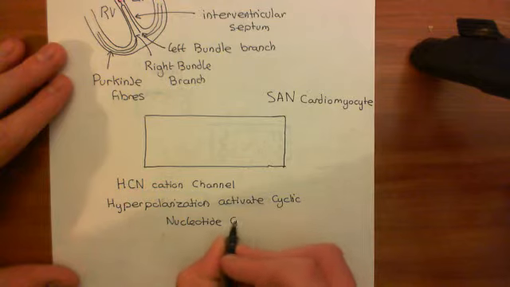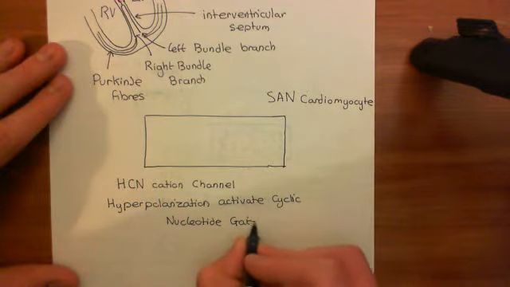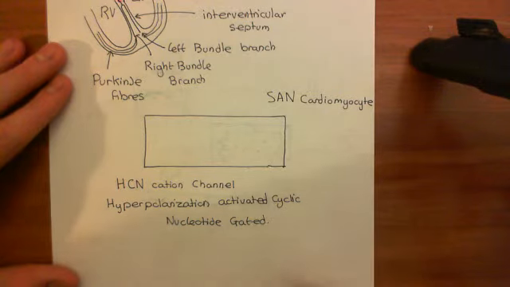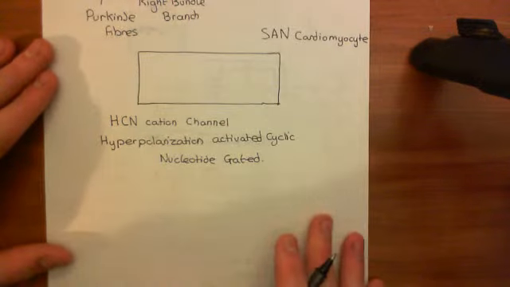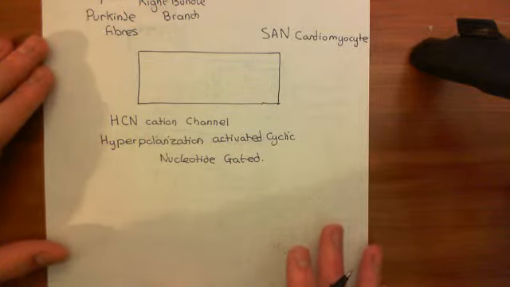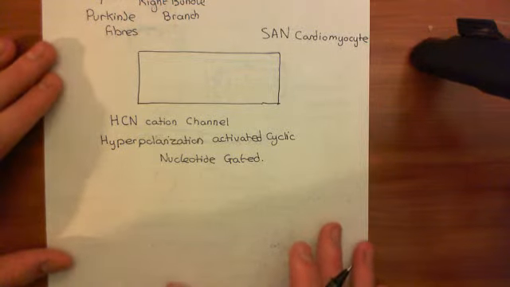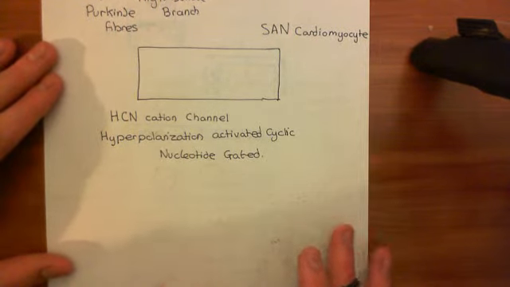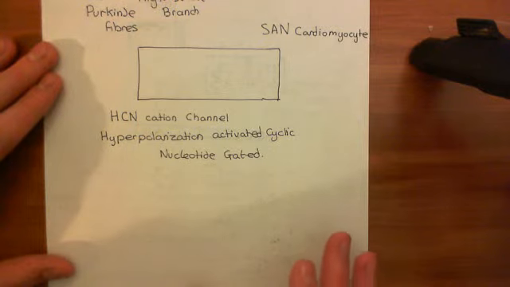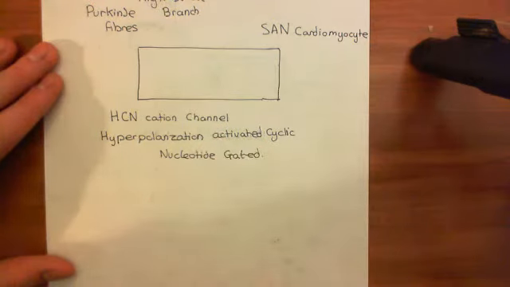And then it's cation channel. So these are the hyperpolarization activated, cyclic nucleotide gated cation channels. Basically, these are special ion channels that you have within the cell membrane of sinoatrial node cardiomyocytes.